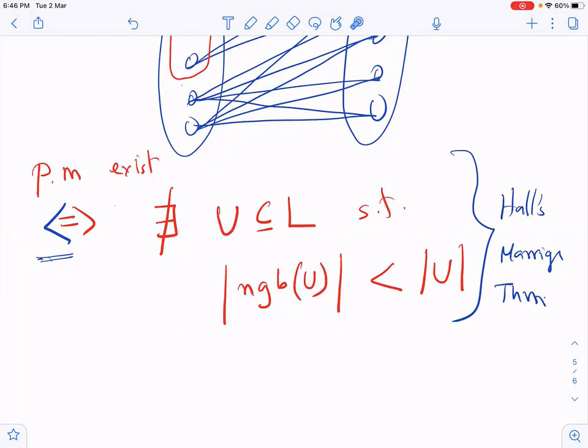I don't have to prove this direction, right? This direction seems to be easy. This is obvious to see in some sense. This direction is not at all trivial. Maybe I'll give you a couple of minutes to just think about it.